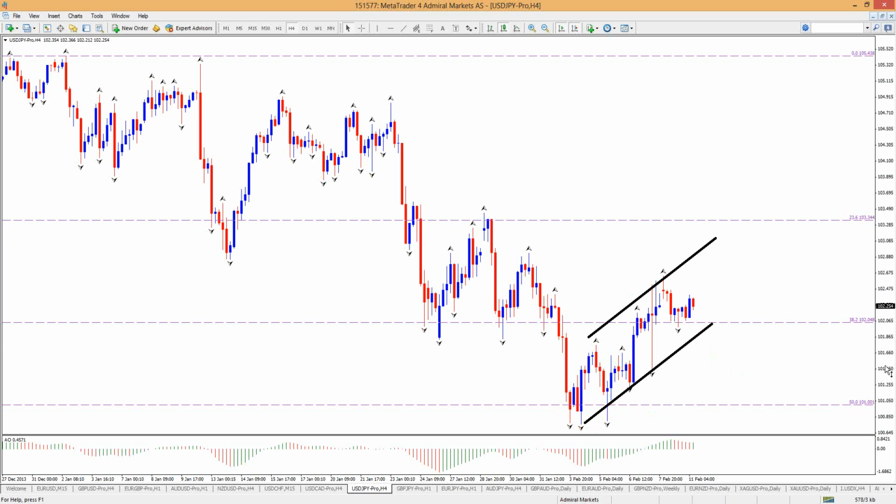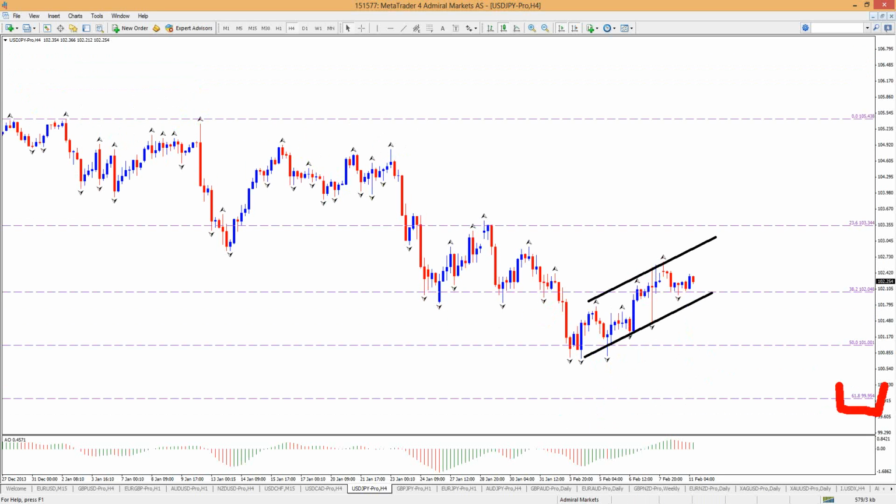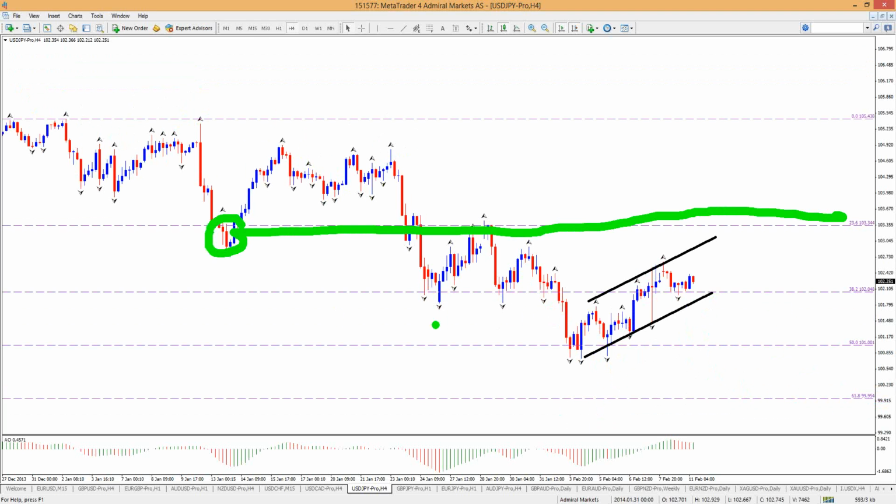But if we break that bottom, then the 61.8% Fibonacci retracement level of the entire daily upside, at 99.95 to be precise, would be the next target of this downside, because this could be the bouncing spot. Just like price stopped at the 23.6, the 38.2 and the 50 fib.